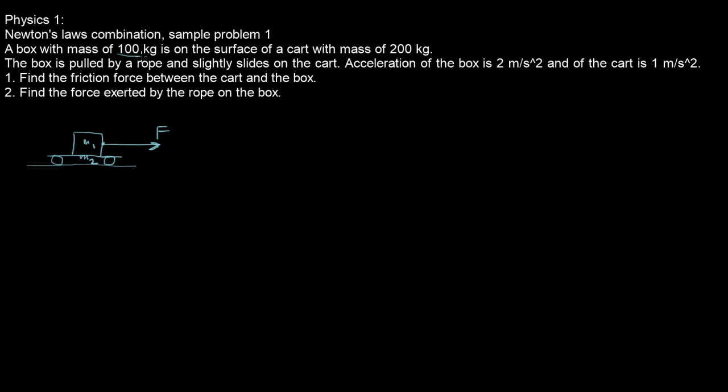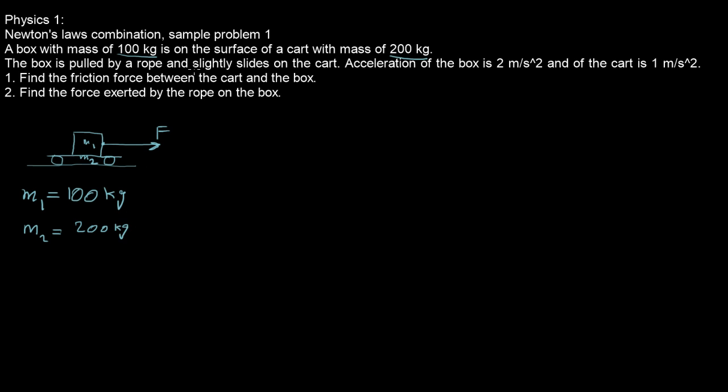So the first is mass of the box, 100 kilograms, is m1. So m1 is 100 kilograms. And mass of the cart is 200 kilograms. So this is the mass of the cart. M2 is 200 kilograms.